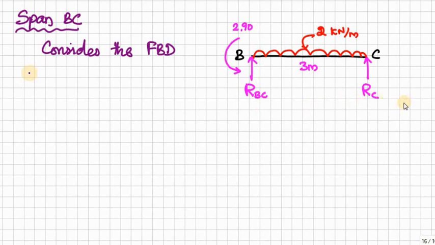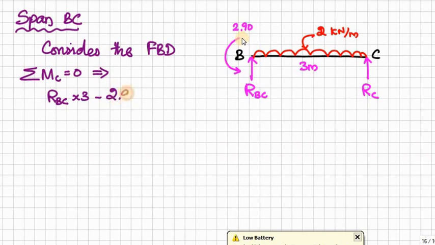So apply sigma m is equal to 0 at joint C. We have RBC into 3 minus 2.90 minus 2 into 3 into half of 3 meter, that is 1.5, is equal to 0. Therefore RBC is equal to 3.97 kilonewton.